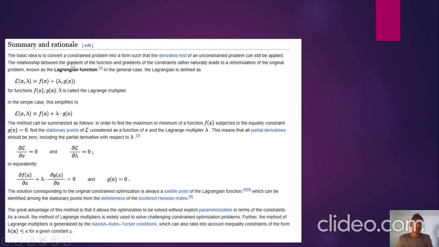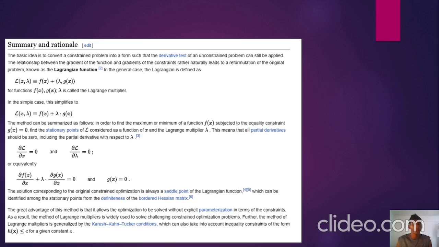Summary and rationale. The basic idea is to convert a constrained problem into a form such that the derivative tests of unconstrained problems can still be applied. The relationship between the gradient of the function and the gradient of the constraint rather naturally leads to a reformulation of the original problem, known as the Lagrangian function.